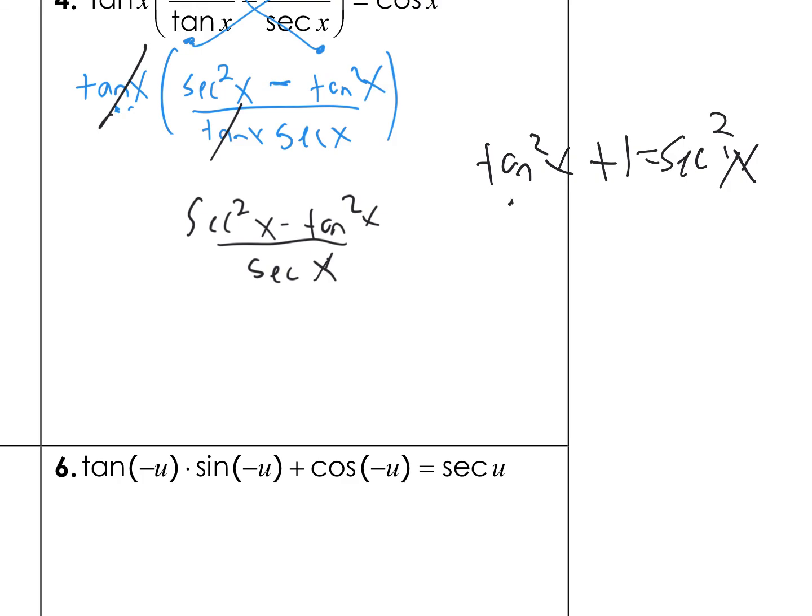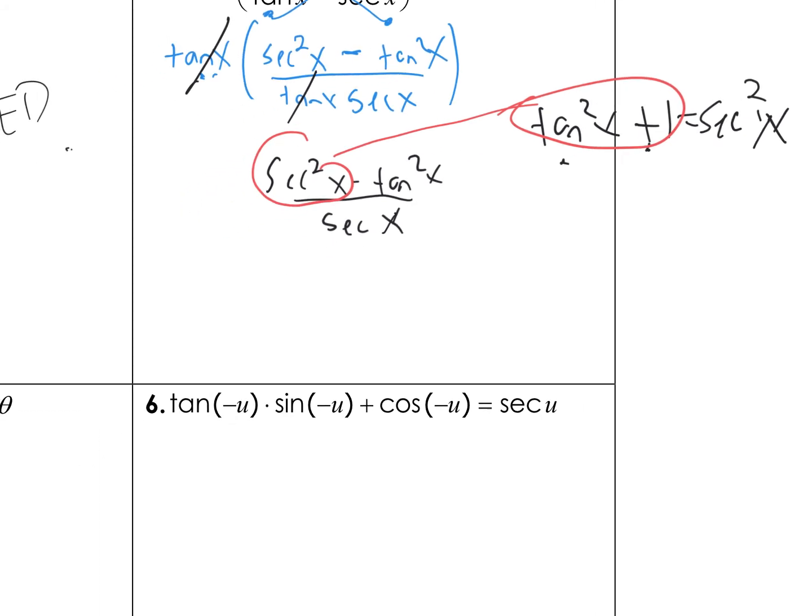So let's see, tangent squared plus 1 is secant squared. Why don't I take this secant squared and substitute it for this tangent squared plus 1? I see magic happening. Tangent squared x plus 1 minus tangent squared x over a secant of x. Do you see anything that cancels out there in the top?